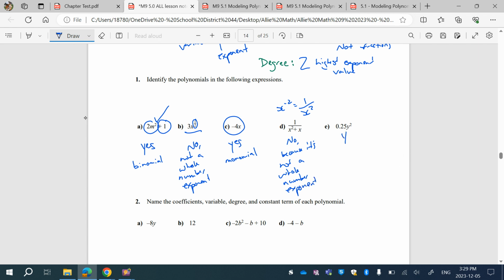And this one is yes, we don't require a whole number coefficient. And this one, again, is a monomial. Remember, mono means one, and it has one term.